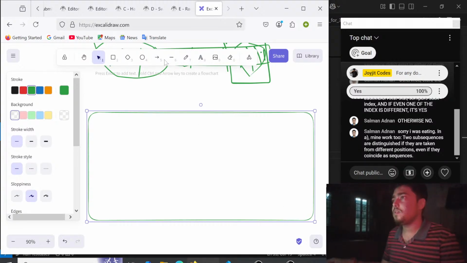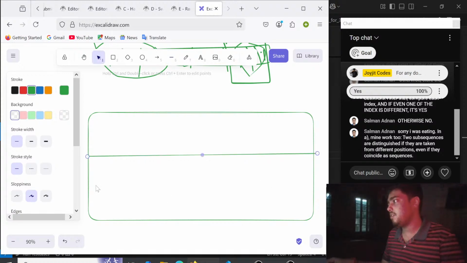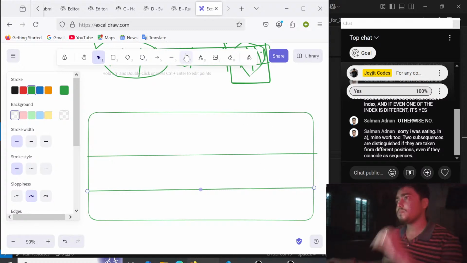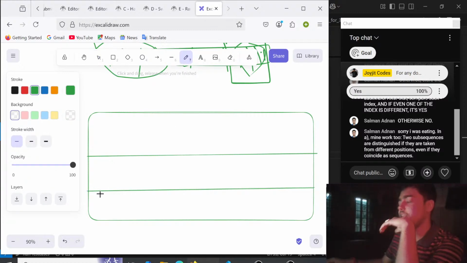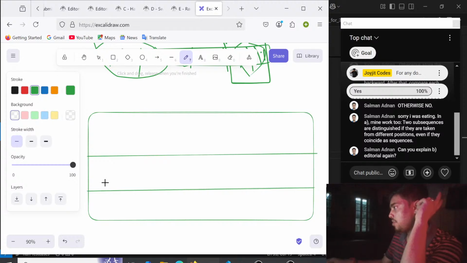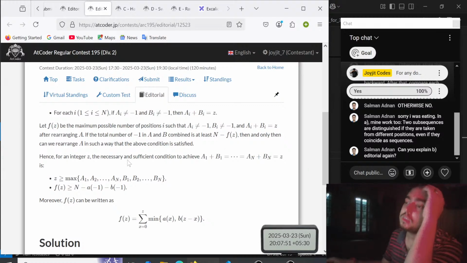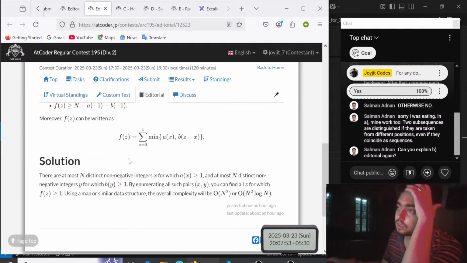So let's have the ratings of the problems. E was like, see, I won't rate A as an easy problem. B editorial. You want me to explain the B editorial?